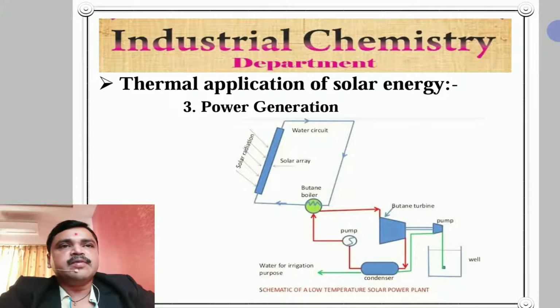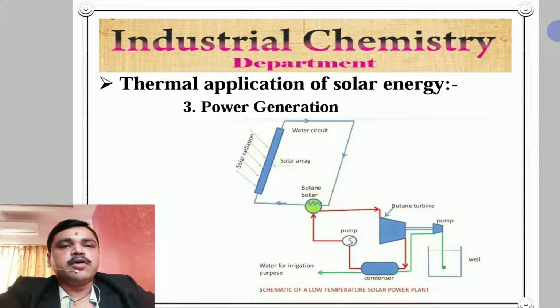A diagram of a typical low temperature system using a flat plate collector and working on a Rankine cycle is shown in the figure.